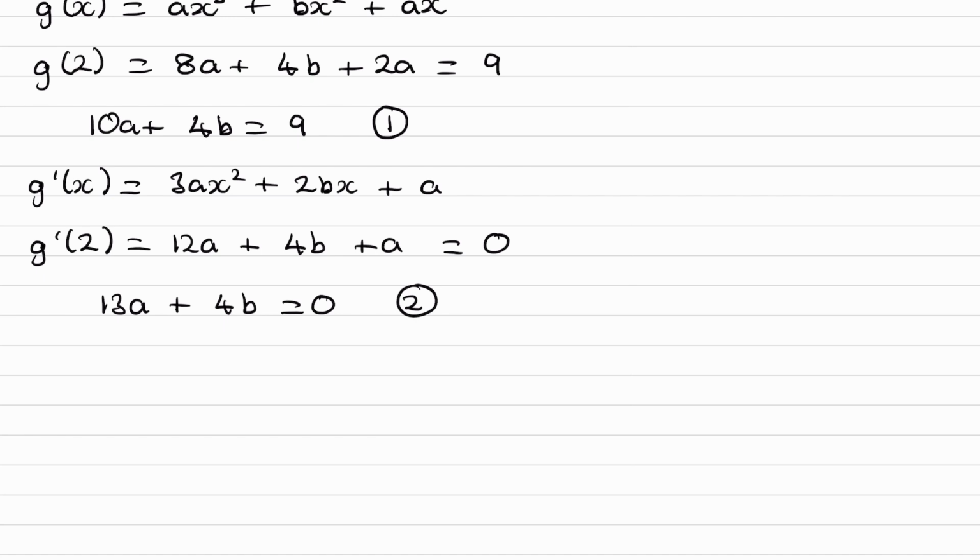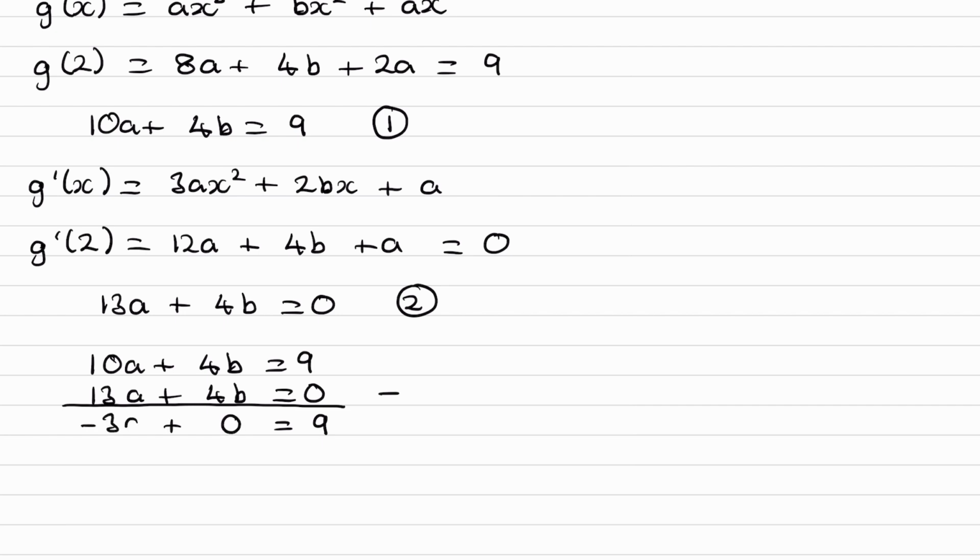Now we can solve equation 2 and 1 simultaneously, so I'll write them next to each other. 10a plus 4b is equal to 9. 13a plus 4b is 0. I can take the two things away. 9, 0, minus 3a.